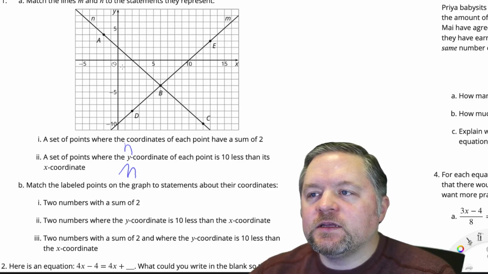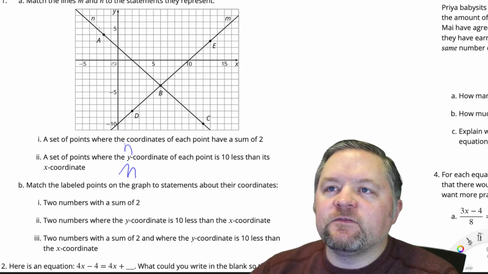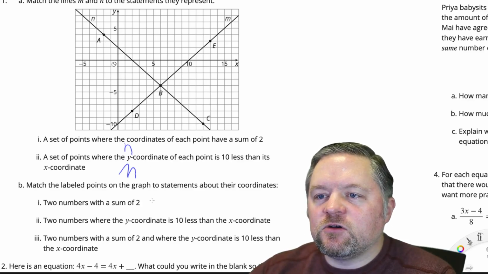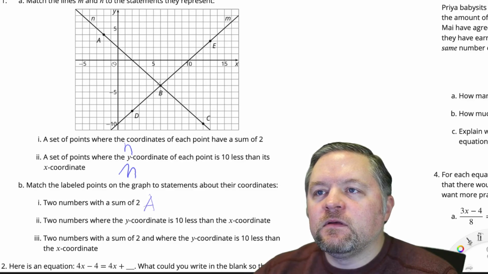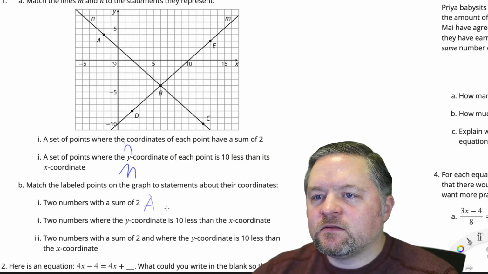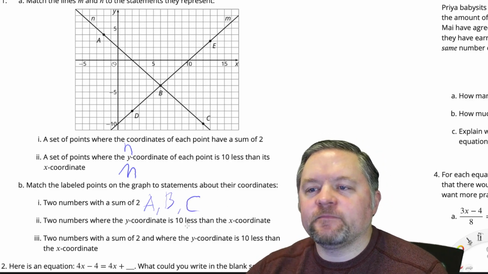What point is two coordinates with a sum of 2? Well, A is on that line. Negative 2, 4. Negative 2 plus 4 is 2. So A. B is also on that line, and C is also on that line. A, B, and C all work for that.